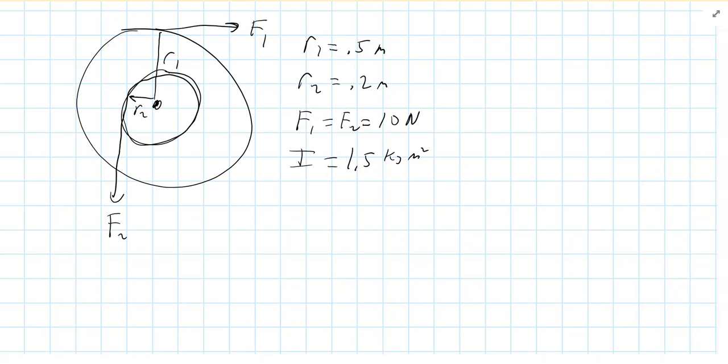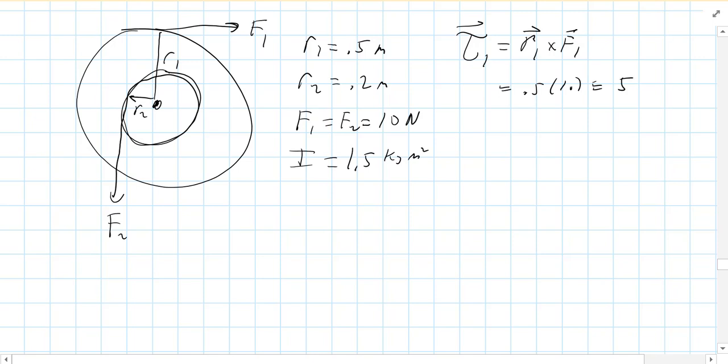Well, the torque caused by force 1 is R1 cross F1, which is 0.5 times 10, which is 5 Newton meters. Now, direction, you have to worry about direction here. This first force is trying to make the wheel spin clockwise, so I'll put a CW there.